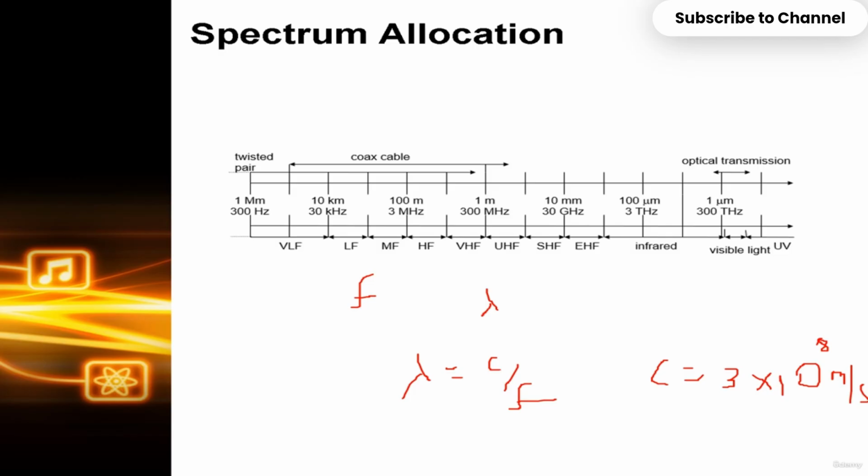According to the formula lambda equals c by f, you can understand that the frequency and the wavelength are inversely proportional.